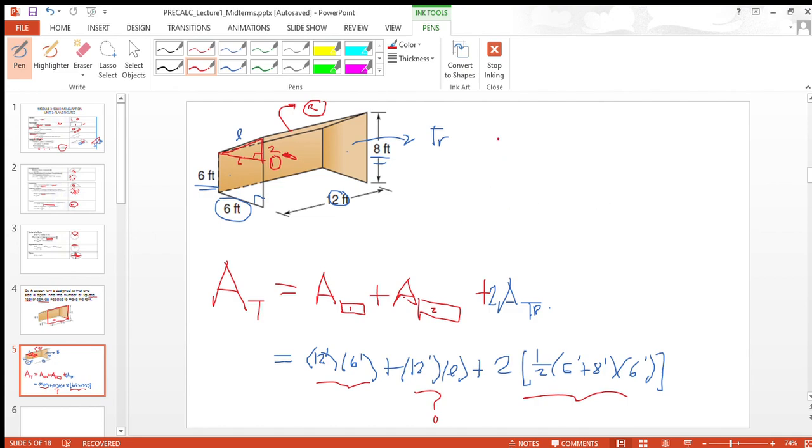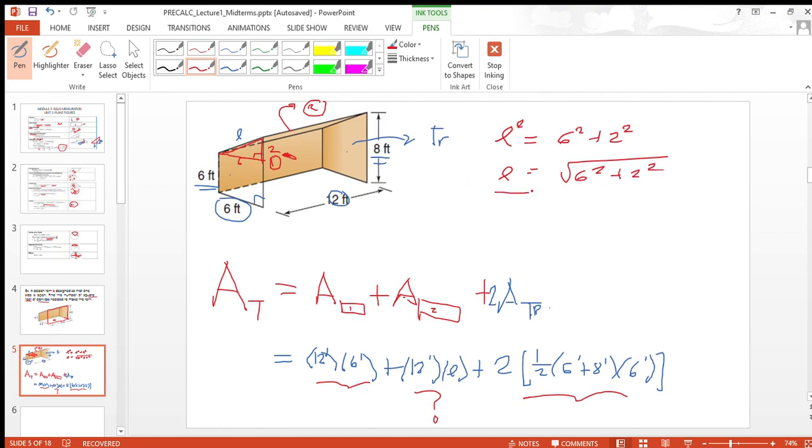Therefore, to solve for L by the Pythagorean theorem, L squared will be 6 squared plus 2 squared. Or simply, L is the square root of 6 squared plus 2 squared.